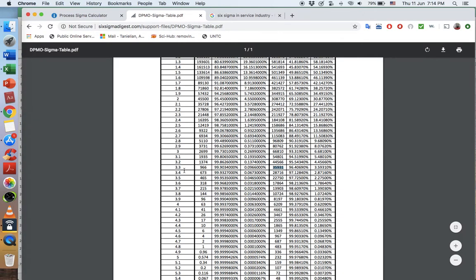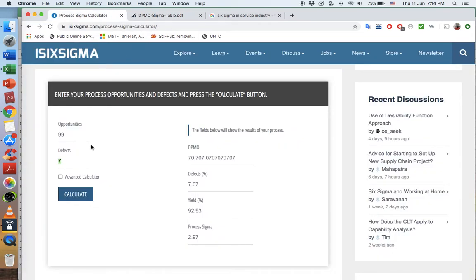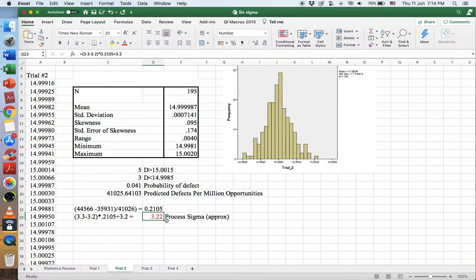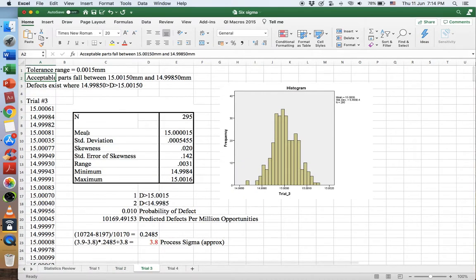We're closer to 3.2 than to 3.3, and so to get a better estimate, we can go back to the calculator, which is a little more accurate, and it says 3.24, again a good rough approximation of our process sigma. Still not even close to Six Sigma quality, right?